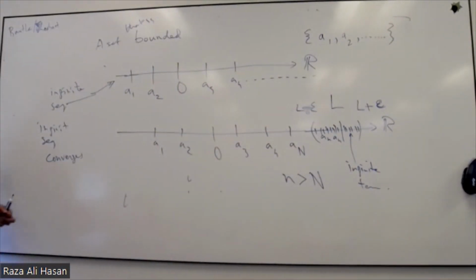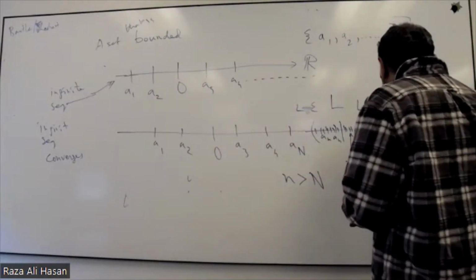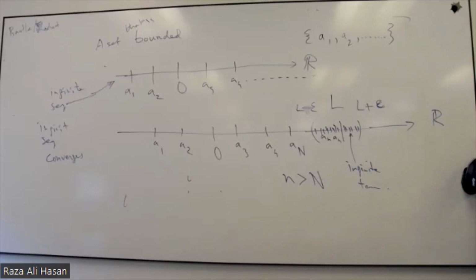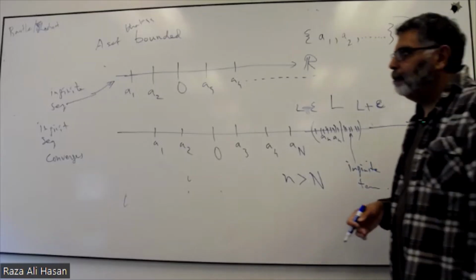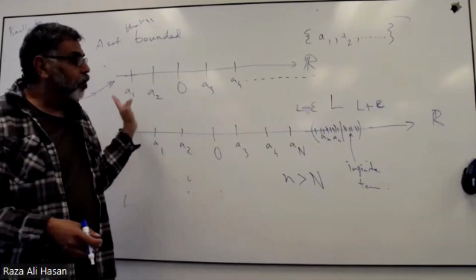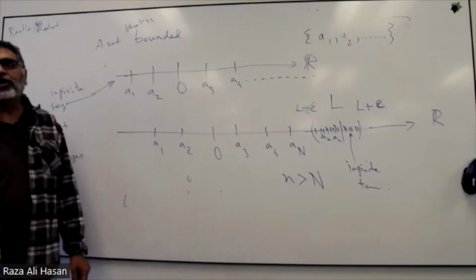Okay, so if you have a convergent sequence, then the book says that it is bounded. The theorem is something we'll prove on Wednesday, but we're looking at the idea. So what is the definition of an upper bound?